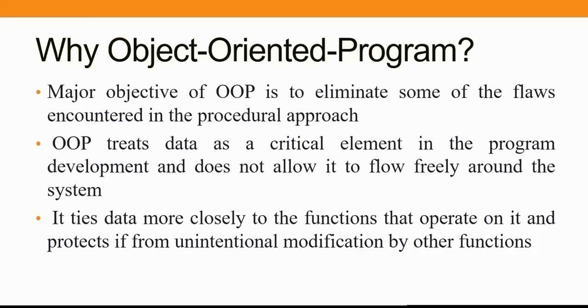For example, programming with C. A C program is not object-oriented programming, where we don't use classes and objects to implement the program. There we just use procedures. C programming is procedural programming. Now this object-oriented programming is the next level. Maybe I would say it's the next upgrade of that procedural programming.